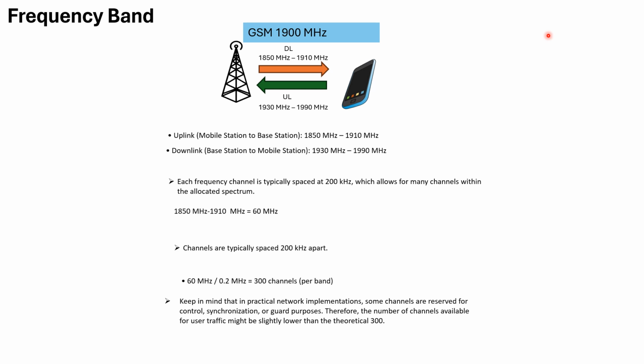As a result, the number of channels available for user traffic may be slightly lower than the theoretical maximum of 300 channels. Final summary. Therefore, while the theoretical calculation suggests that 300 channels are available in GSM 1900, practical considerations typically reduce this number, affecting the actual capacity for user traffic.